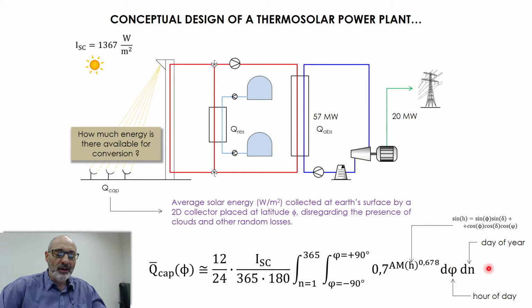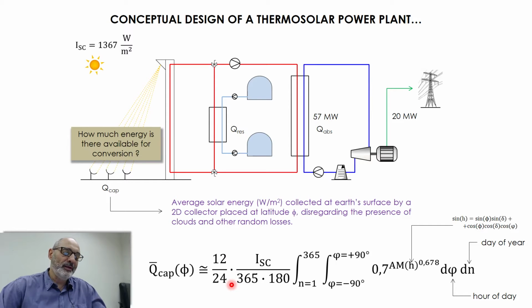Okay, we are integrating this during the hours of the day and during the days of the year. So this is why I'm dividing by 180 degrees here, because it goes from minus 90 to plus 90. And I'm also dividing by 365 because we have 365 days in a year.